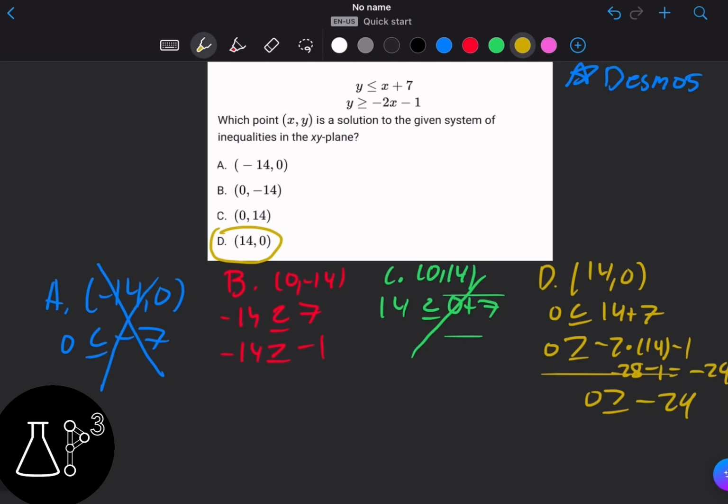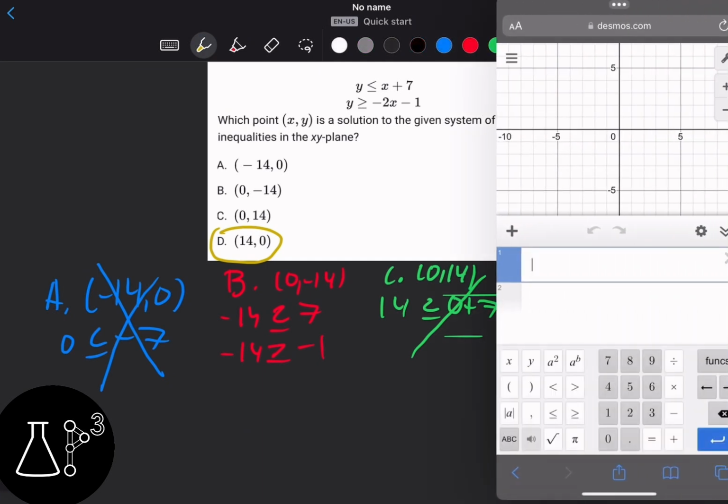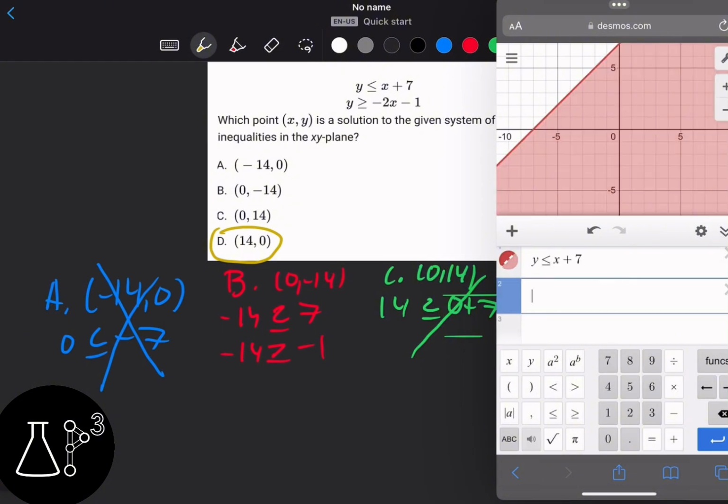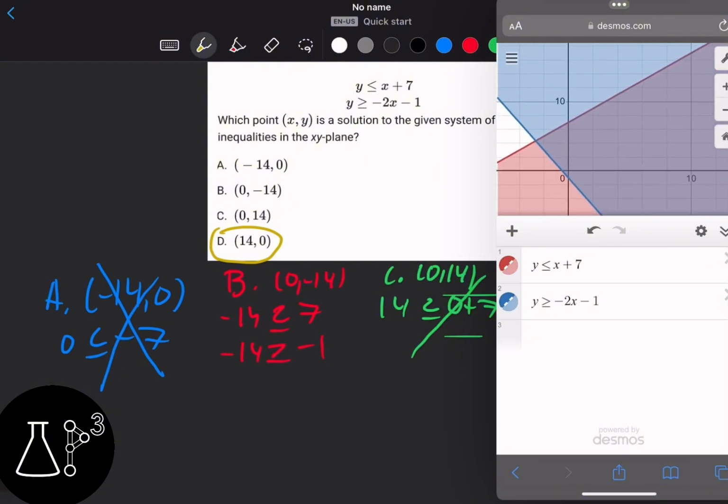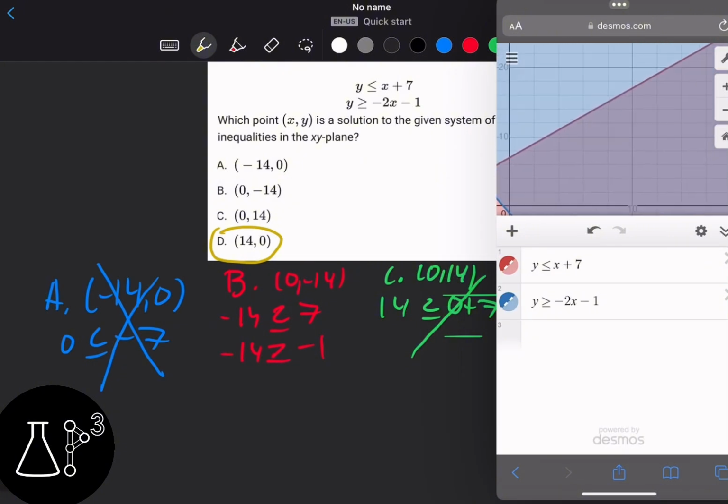But let's use Desmos to make sure that it's correct. So if I make y is less or equal to x plus 7, and I make y is greater or equal to negative 2x minus 1, let's look for point 14, 0, and see if it's shaded in both the x and the y plane.